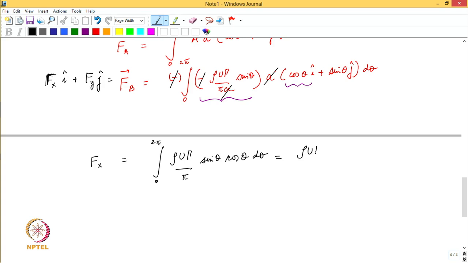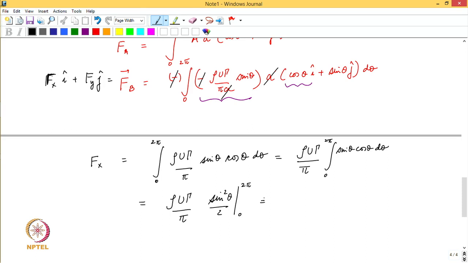We can evaluate this integral now very quickly. Rho u gamma are constant, so they come out of the integral, and pi being a constant, we have just the integral 0 to 2 pi of sin theta cosine theta d theta. I note now that if sin theta is my function, then cosine theta d theta is its derivative. So, this integral is quite easy to evaluate. We will just have rho u gamma by pi times sin square theta by 2 as the integral, evaluated between 0 and 2 pi.